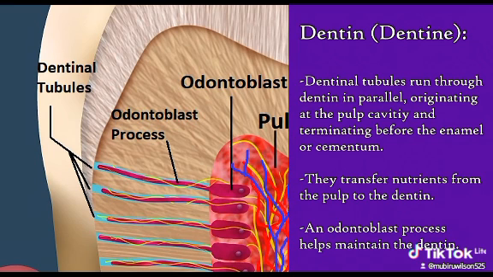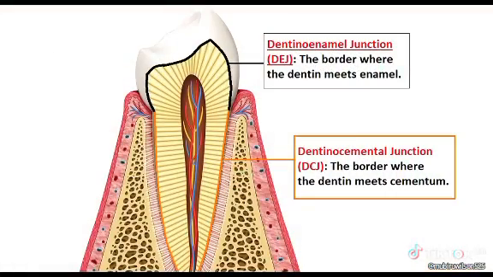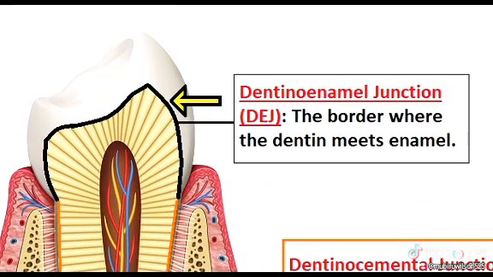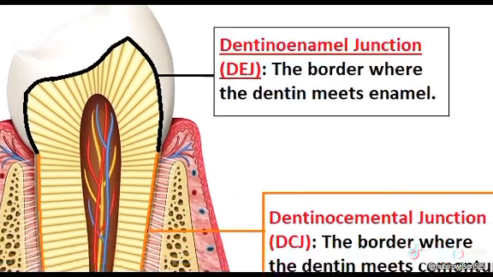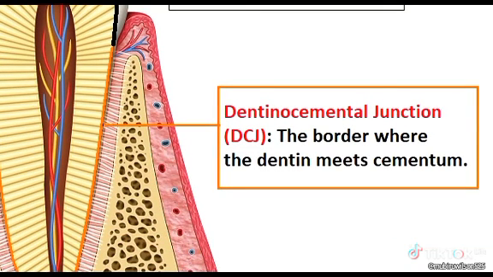Because these tubules originate at the pulp of the tooth, which contains all the vessels and nerves, any damage to the enamel or gums can affect these tubules, which may result in tooth pain or sensitivity. And the border where the dentin meets the enamel is called the dentino-enamel junction, or DEJ for short. And the border where the dentin meets the cementum is called the dentino-cemental junction, or DCJ for short.